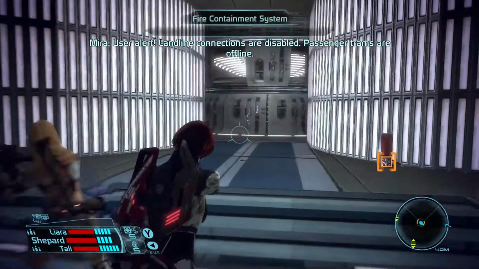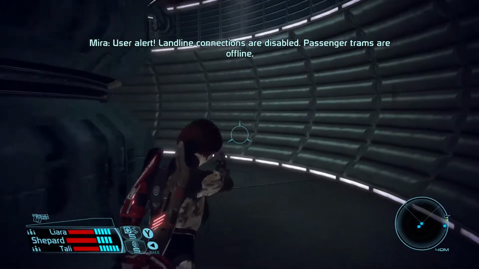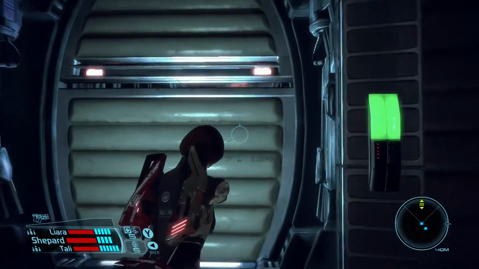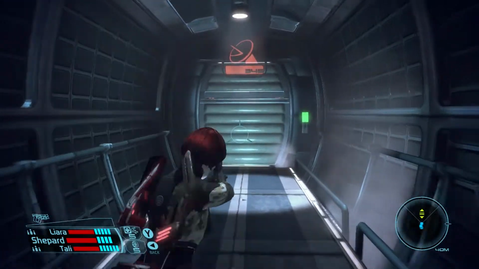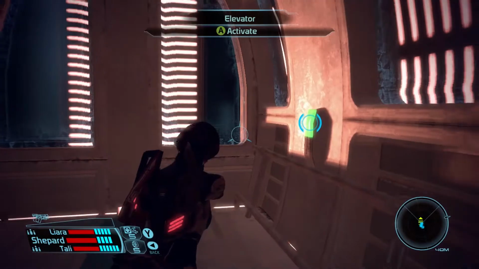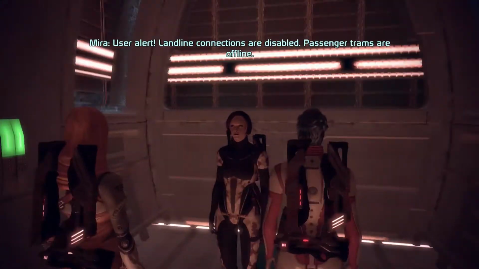Passenger trams are offline. Now exiting to the roof. User alert.